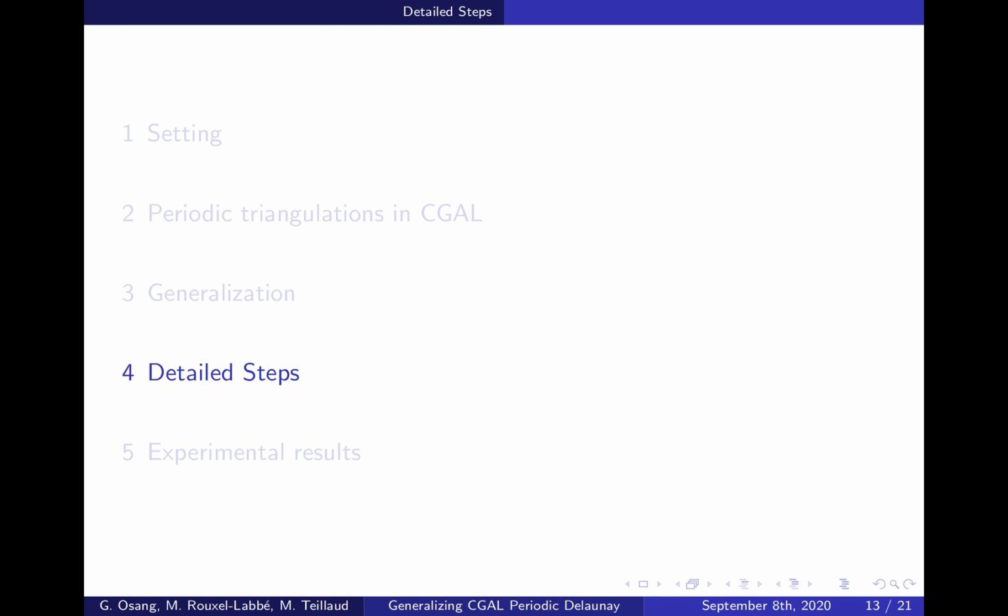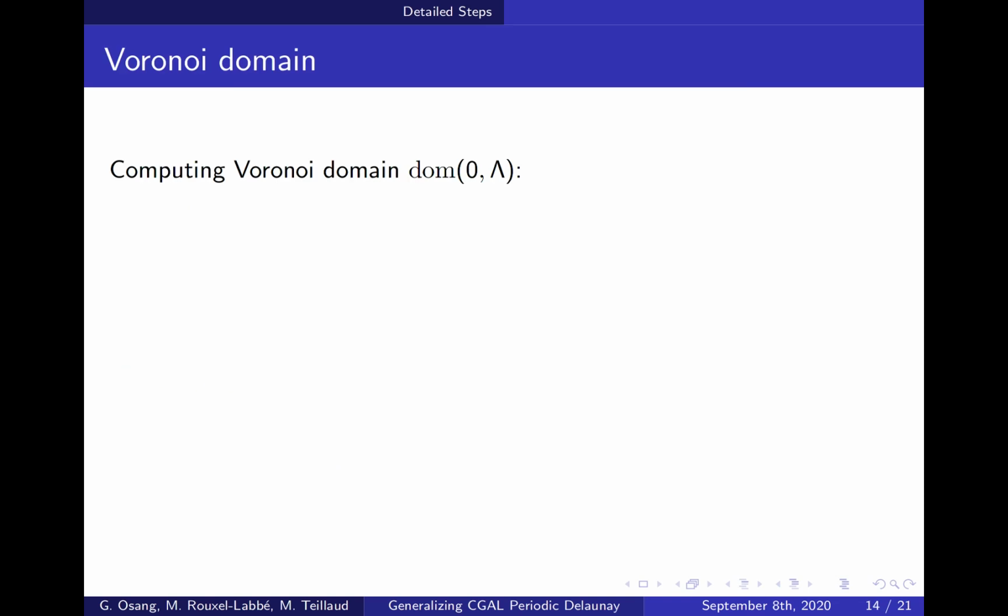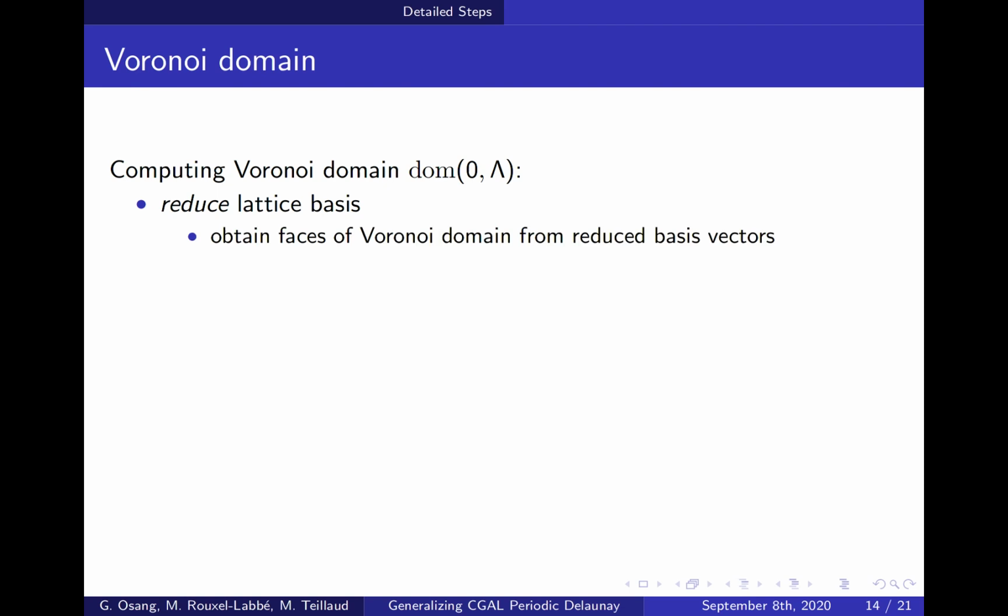To give a few more details, first off, how do we compute the Voronoi domain of the origin? There's a notion of reduced lattice basis. For a lattice, the basis is not unique, but it can be reduced. There are different notions, but we choose an appropriate one. Then we can obtain the faces of this Voronoi domain from certain combinations of the basis vectors.